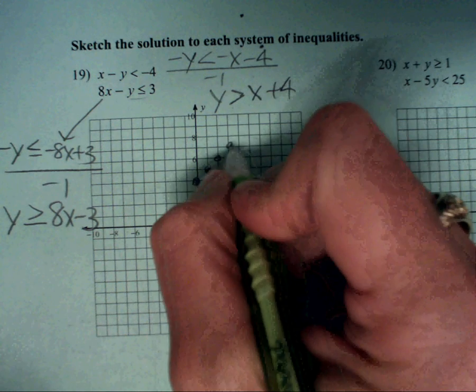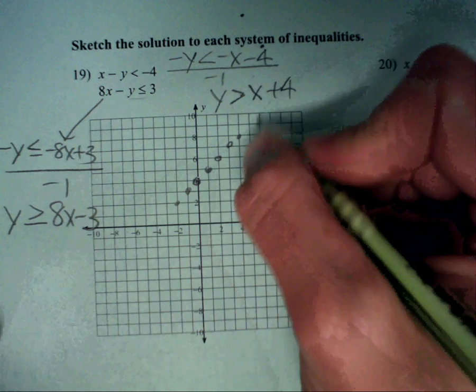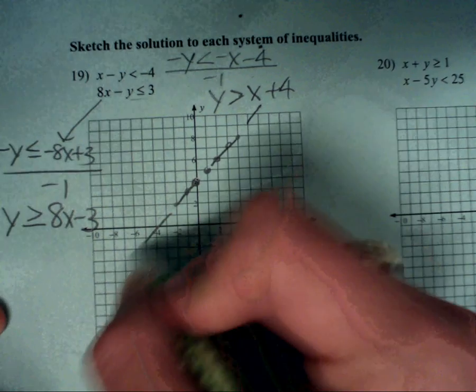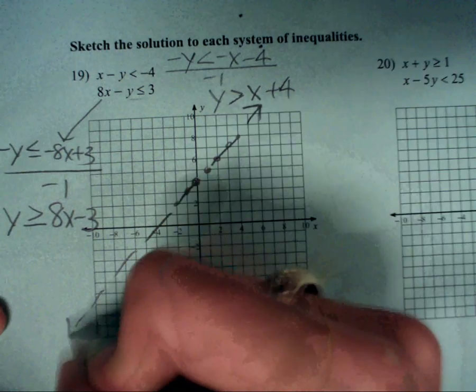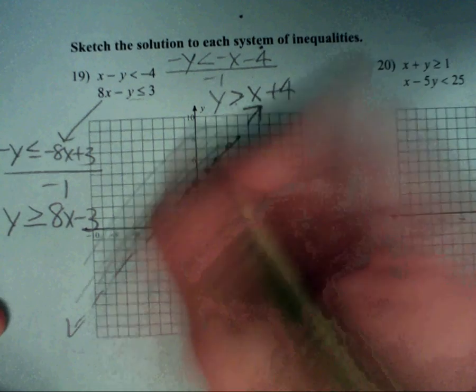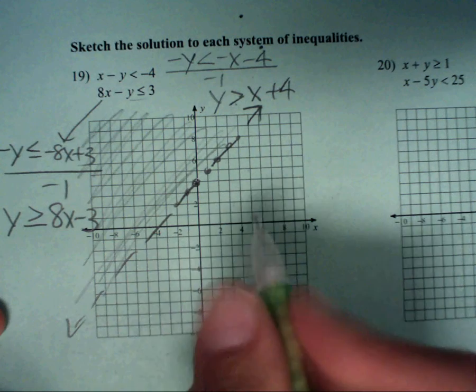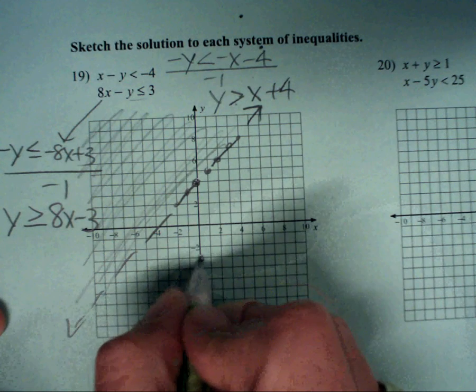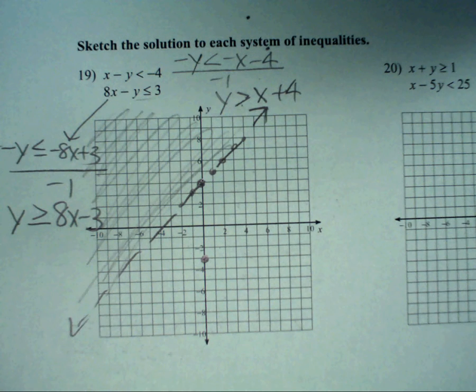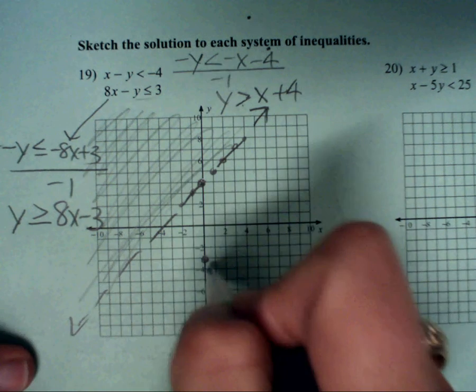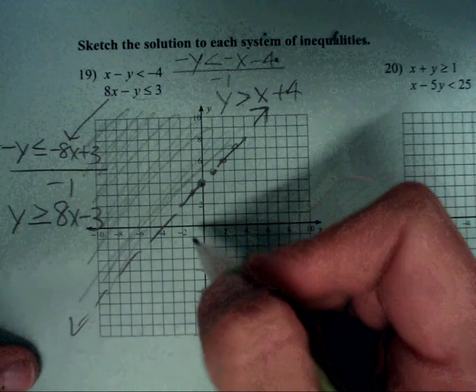I'm graphing this one right here. I'm going to make sure that I make it a dashed line because it's not equal to. And I'm going to shade greater than, which is above the line. Okay, and then I have negative 3. Negative 3 with a slope of 8.